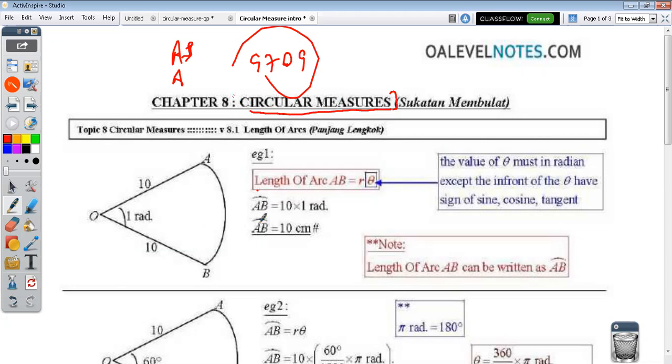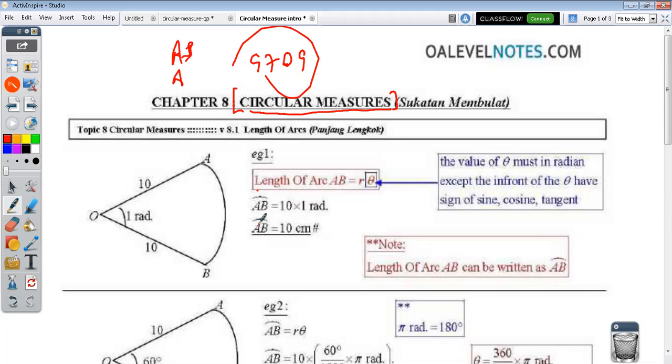The topic circular measure is not a difficult topic, especially if you come from O-level, because 40% of the topic is built from the O-level syllabus, where you have to know in detail how to use the sine rule, the cosine rule, and SOH CAH TOA if you are given a right-angled triangle. Now you also apply it to length of arc, perimeter of a sector, and length of a sector.